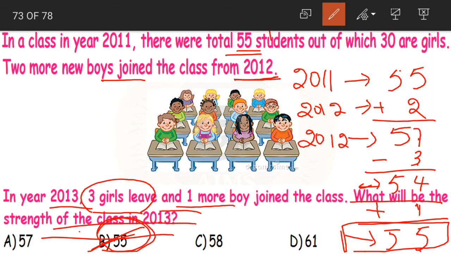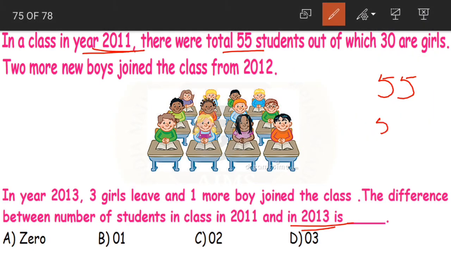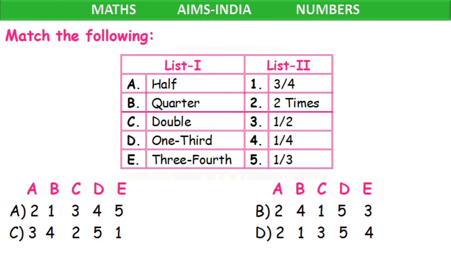In 2013 also there are 55 students. This is 2011 and this is 2013. Now what should we do? We should find out the difference. Difference means subtraction. 55 minus 55 becomes what children? When we are subtracting a number from itself, the answer will be 0. That is option A. 0 will be the correct answer.